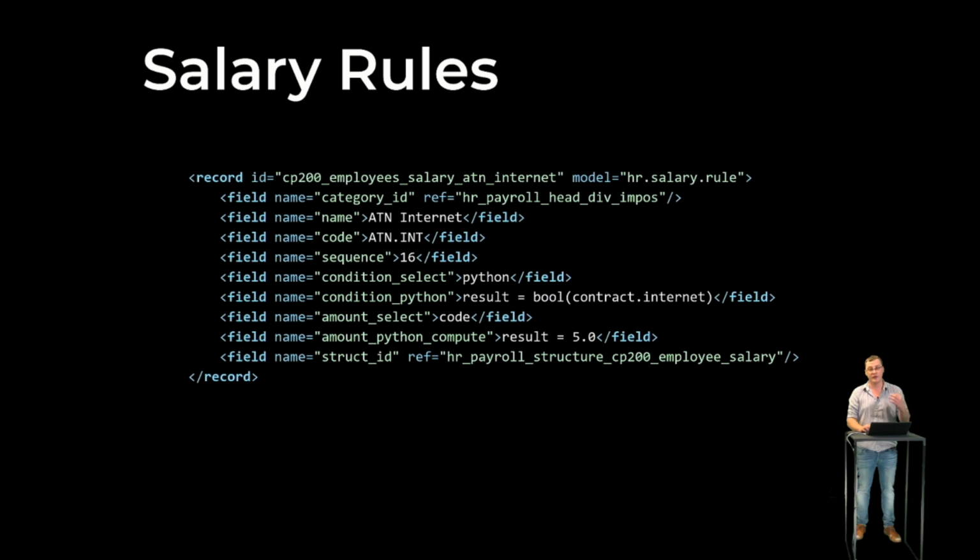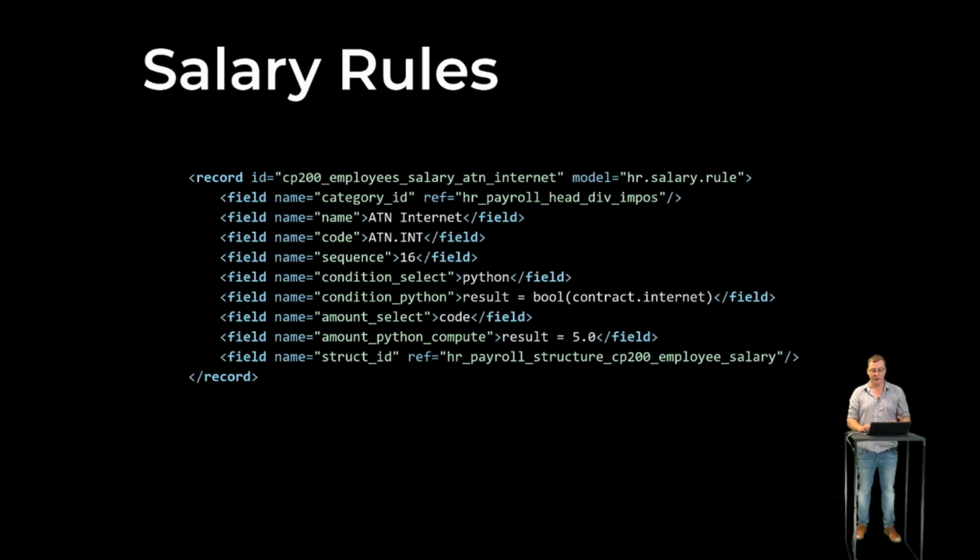So the lower the sequence, the sooner it will be chosen to compute the rules. The application rule is defined in Python and is applied only if the employee contract has the field internet set. So you can see that the field condition Python is completed and we say result = bool(contract.internet).